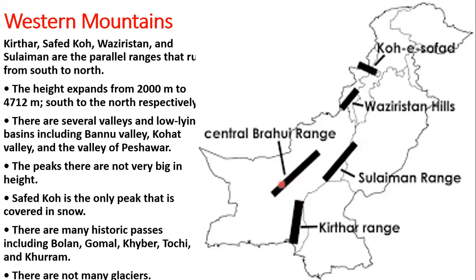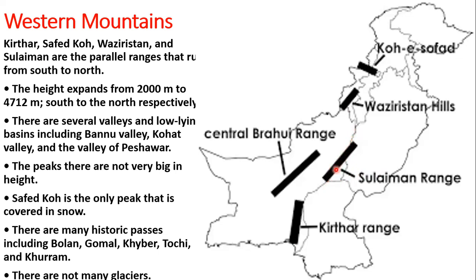And Central Brohi range is in the middle of Balochistan, and Waziristan range in KPK on the borders of Afghanistan, and they're called Suleiman range. These ranges are situated on the borders of Balochistan, Punjab, and Sindh on the bank of river Indus.